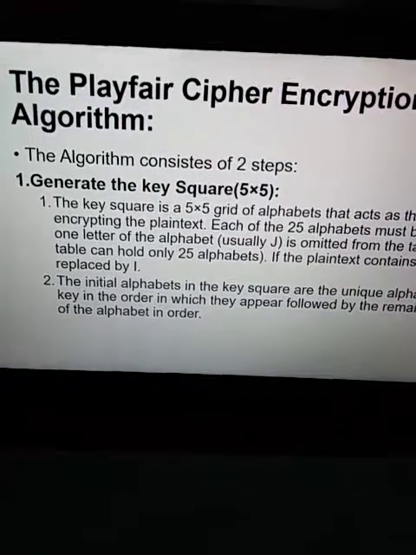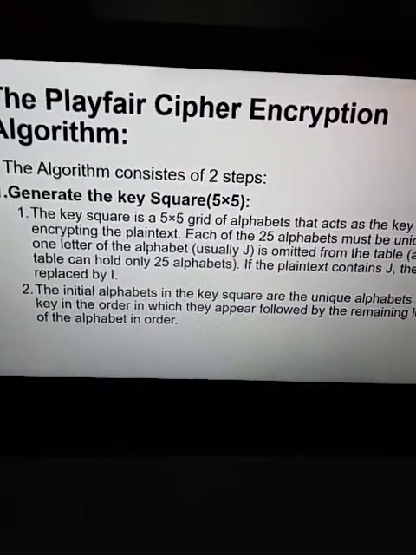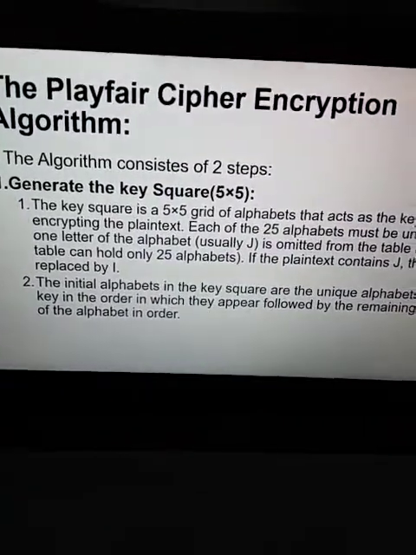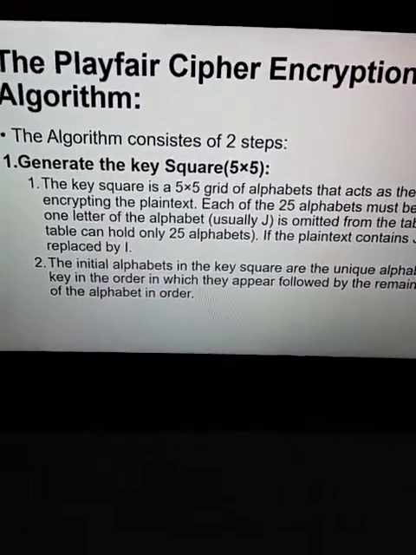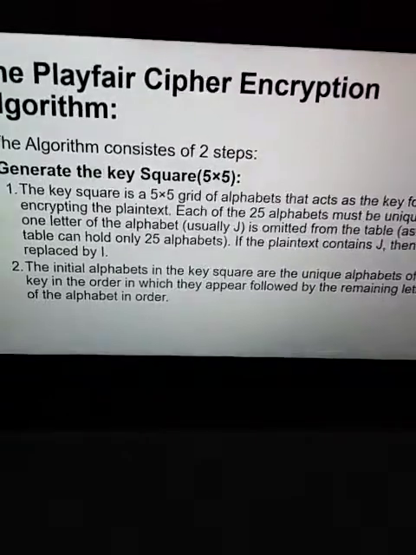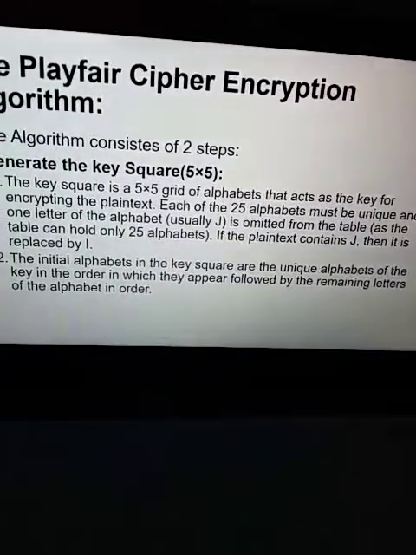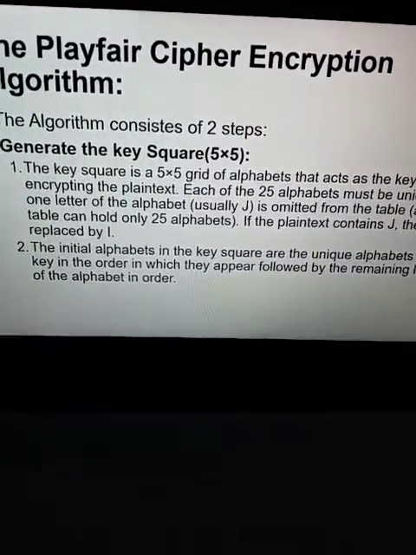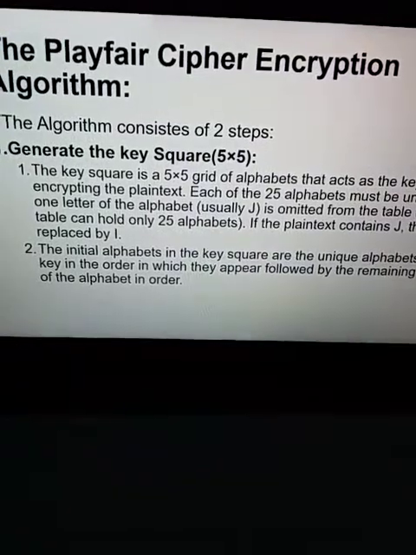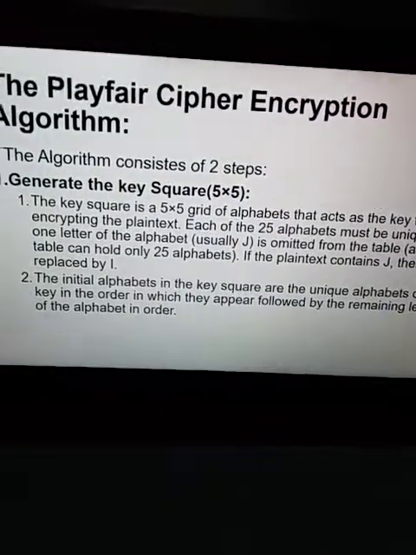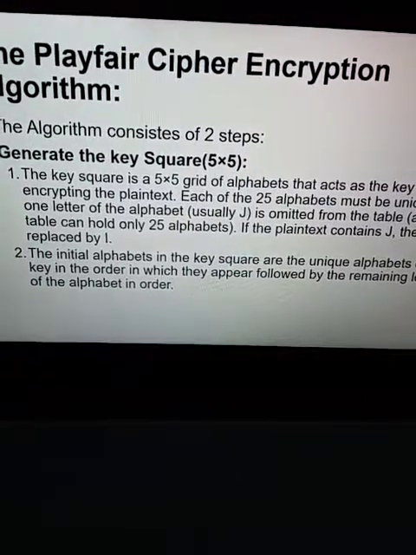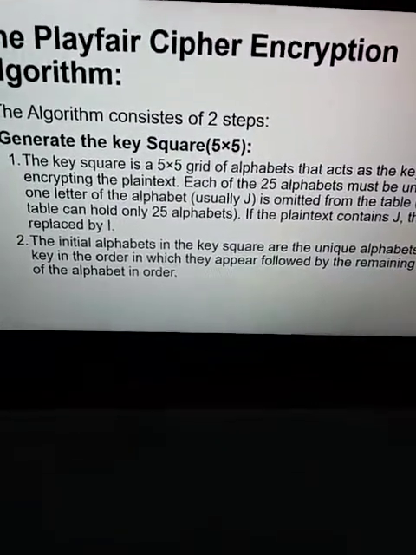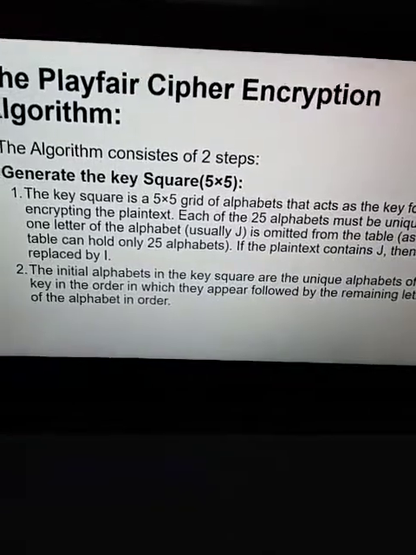Since it is 5 cross 5, we will have 25 cells, but in the alphabet we have a total of 26 letters. So here J is omitted. If we want to substitute J, instead of I we can use J. I and J can be placed in one cell.